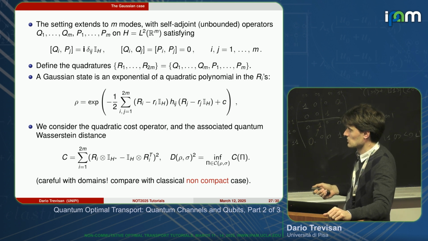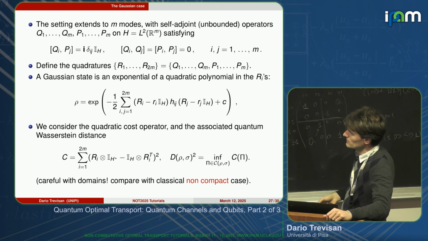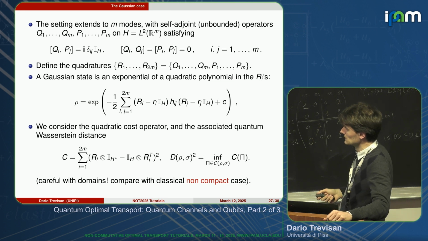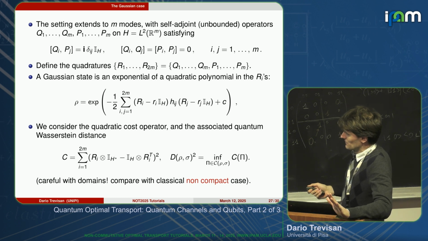More generally, a quantum state is of Gaussian type if it's an exponential of a second degree polynomial in these quadratures, which can involve even more than one position and momentum observable. So if you stick with me for a second.